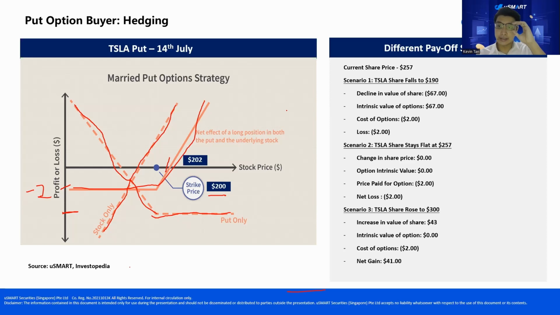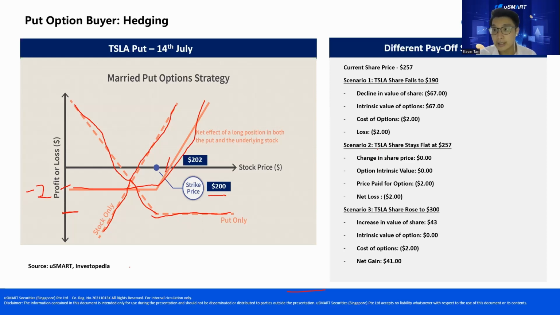And the last scenario is what exactly happens if Tesla shares rose to $300, right? If Tesla share rose to $300, you actually make a gain of $43 in your shares. But your option value will actually be $0, because while you have the right to sell Tesla at $200, you will not do that since the current market price is $300.